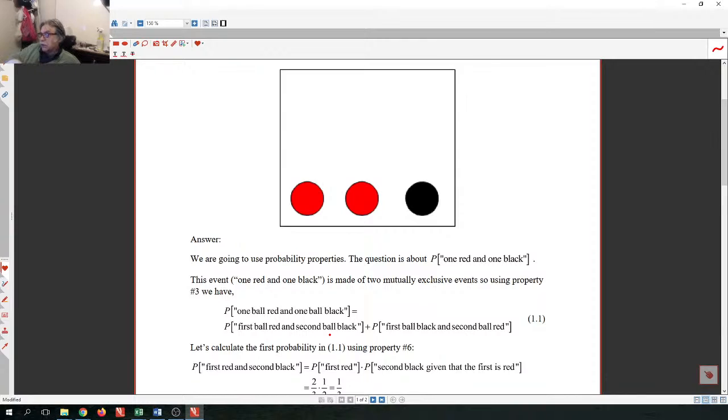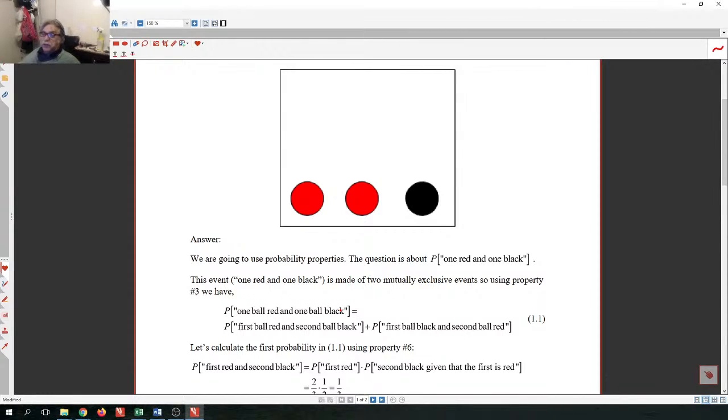That's one way to get the red and black. Or the first ball is black and the second one is red. So when you're drawing, you draw the first ball, and the first ball could be either black or red, and the second ball then is going to be the opposite color, because that's what we want to get. We want to get 1 red and 1 black. So it could be the first ball is red and the second is black, or the first black and the second is red. That means that 1 is red and 1 is black, right?